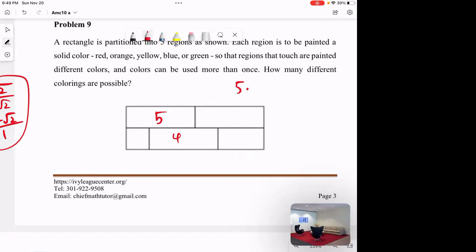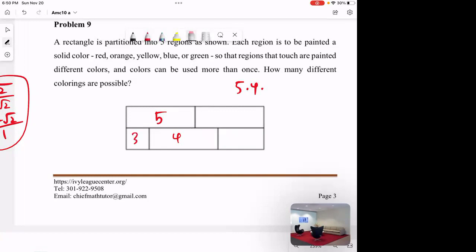So if the first one is orange, for example, then the second one can be any of the remaining 4 colors. So it's 5 times 4, because for each of these 5 cases for this one, there are 4 cases for this one.